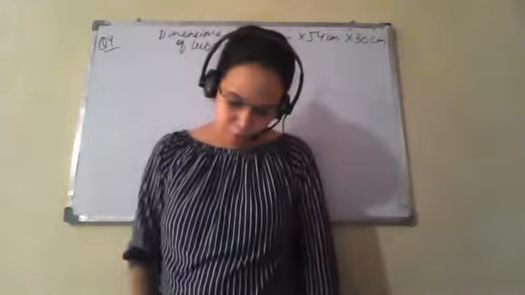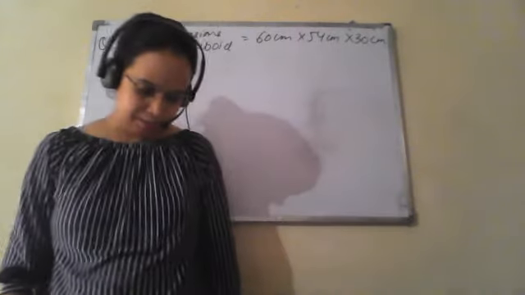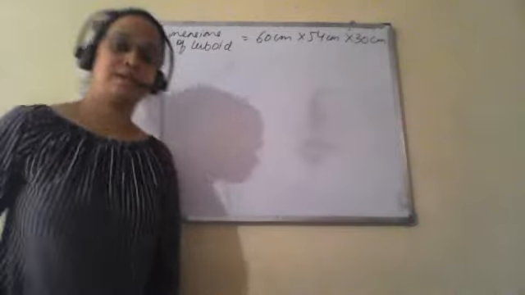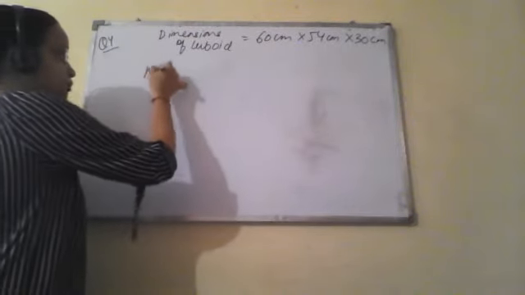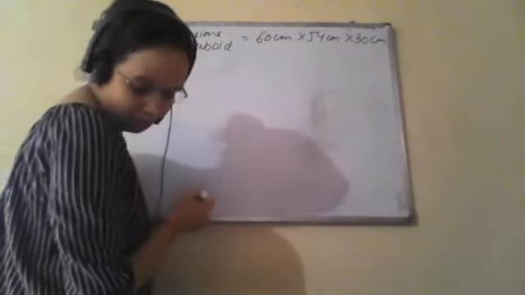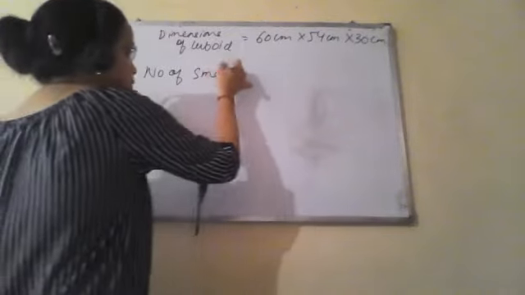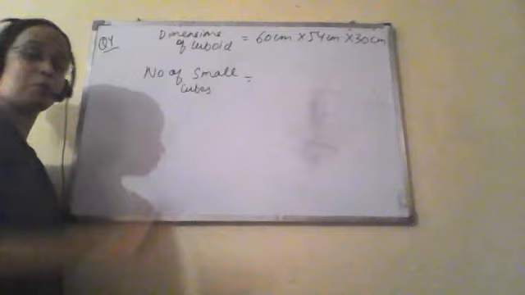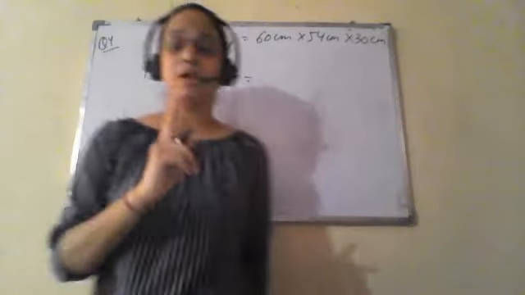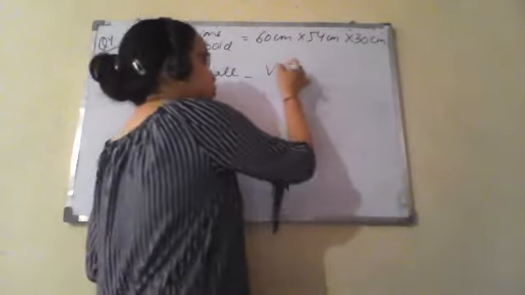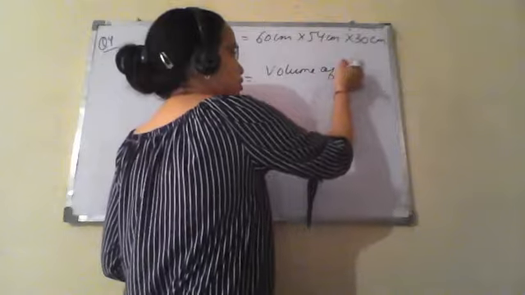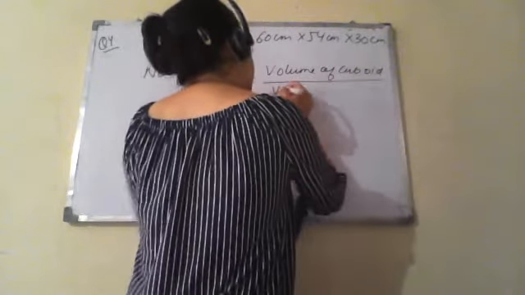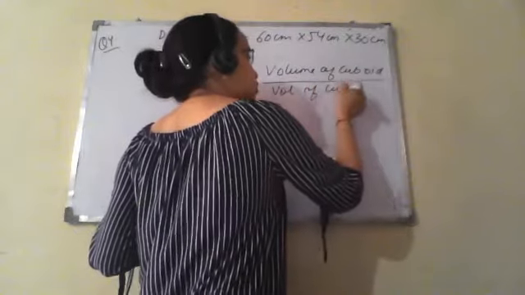How many small cubes with side 6 centimeter can be placed in the given cuboid? So I have told you in examples, number of small cubes will be equal to the volume of cuboid divided by volume of one cube.